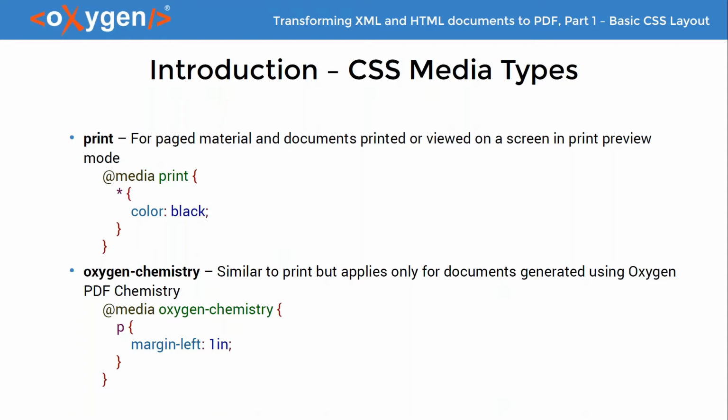And we have a specific media selector, which is the Oxygen Chemistry selector. It's quite similar to print, so it applies only on printed media and PDF media, but only for documents generated using Oxygen PDF Chemistry. If you are using another processor, this will not be recognized by the processor and will not be in the final result.